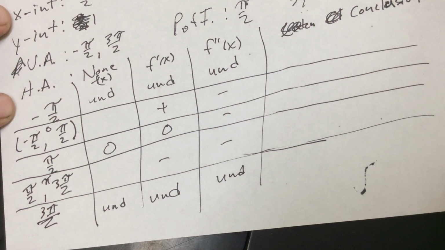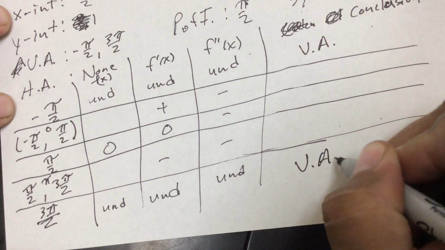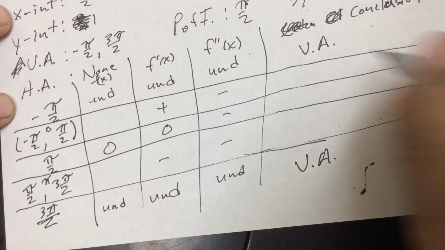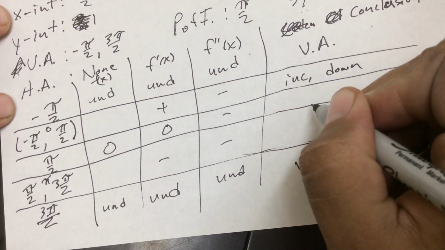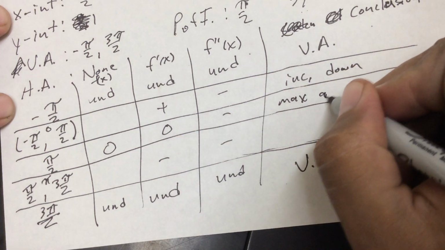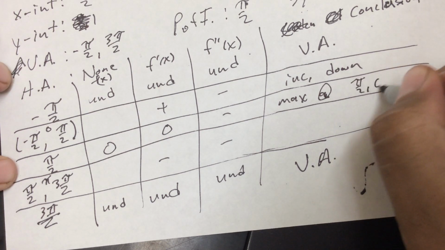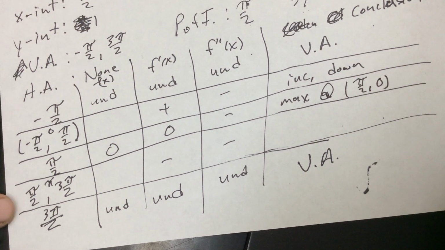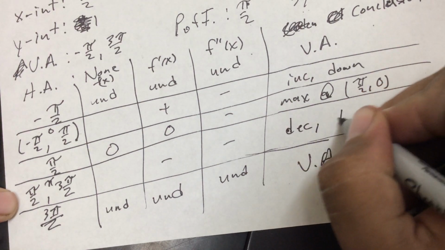So what does that mean? Well, vertical asymptote, vertical asymptote. Here we are increasing, then 0, so it's a max at pi over 2 comma 0. And then decreasing.